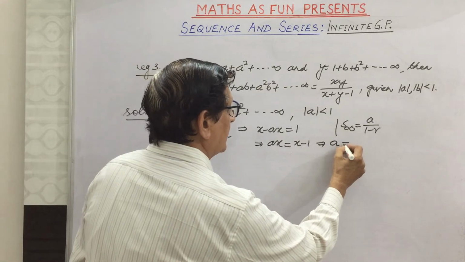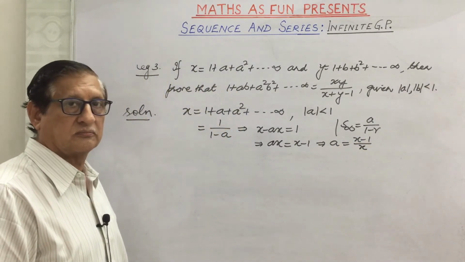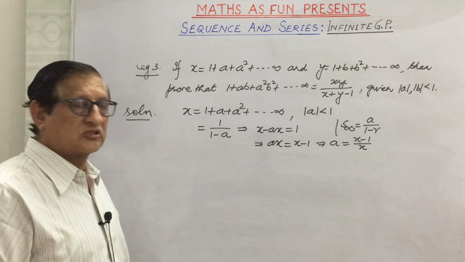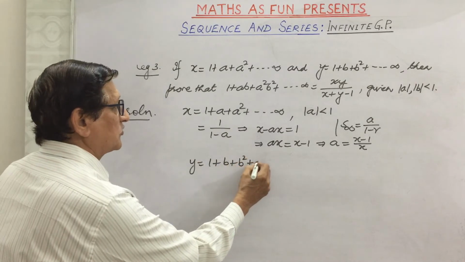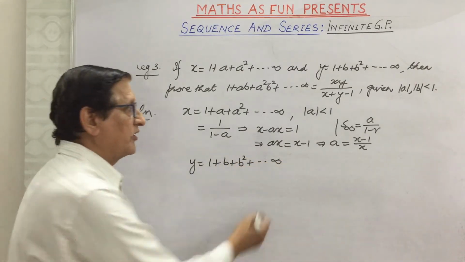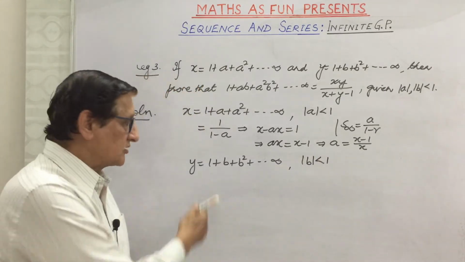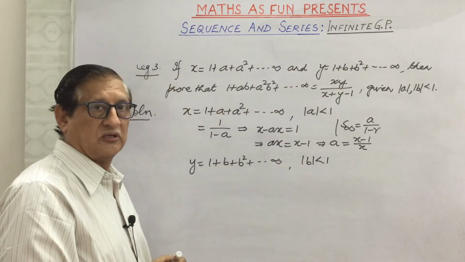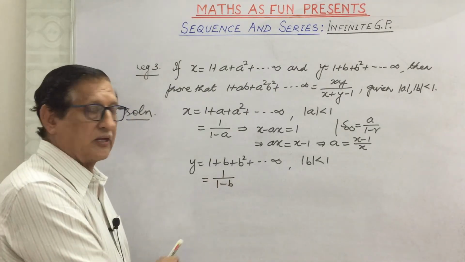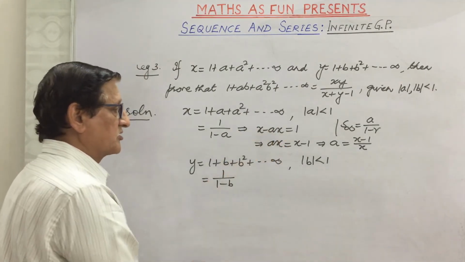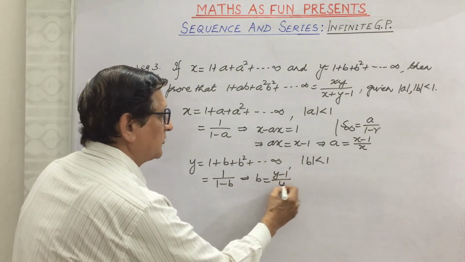It means a is equal to x minus 1 upon x. Similarly, we write y equal to 1 plus b square up to infinity, where the magnitude of b is less than 1, and this is the common ratio here. So y will be 1 upon 1 minus b, and with similar simplification we get b as y minus 1 upon y.